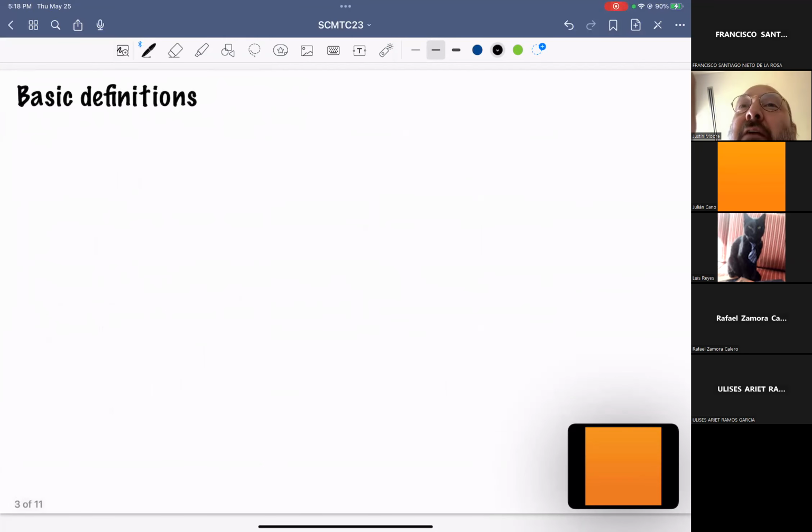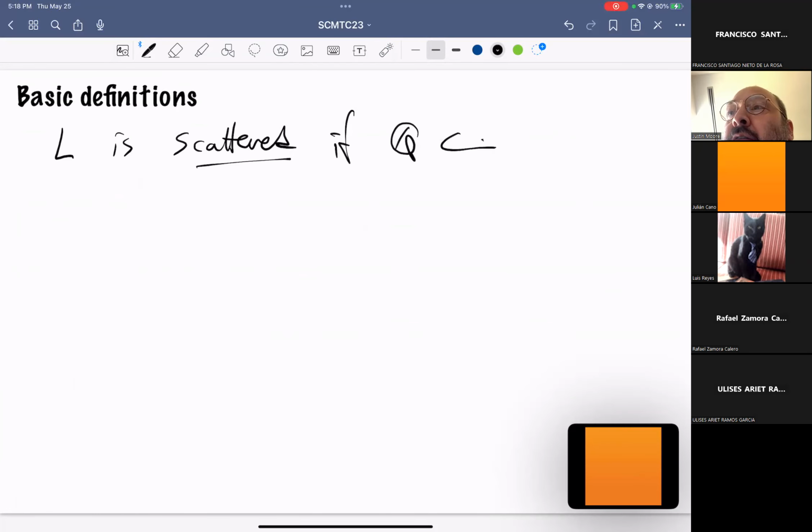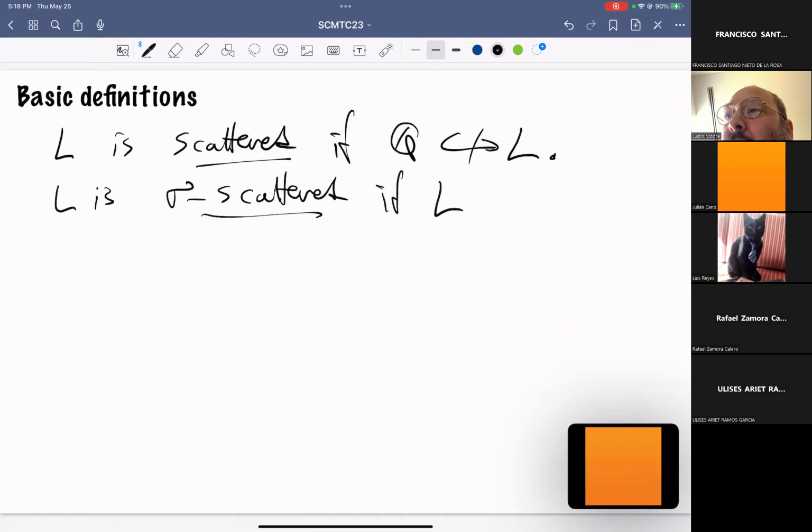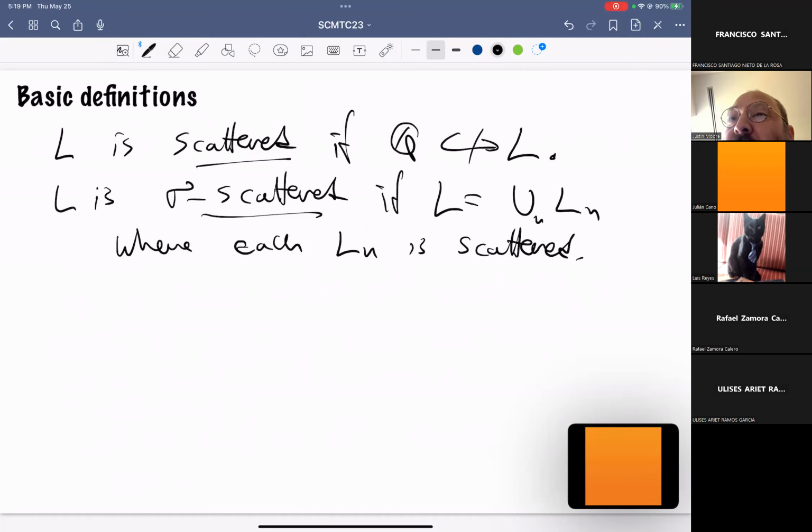Okay, so the basic definitions: a linear order L is scattered if the rationals do not embed into L. And L is sigma scattered if L is equal to a union of L_n, where each L_n is scattered as a sub-linear order. Here L is a linear order.